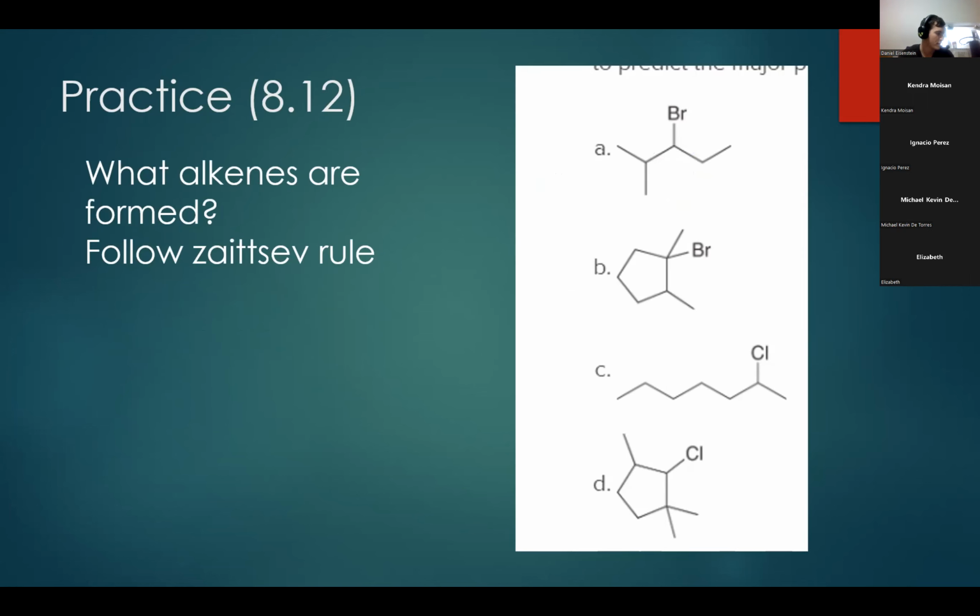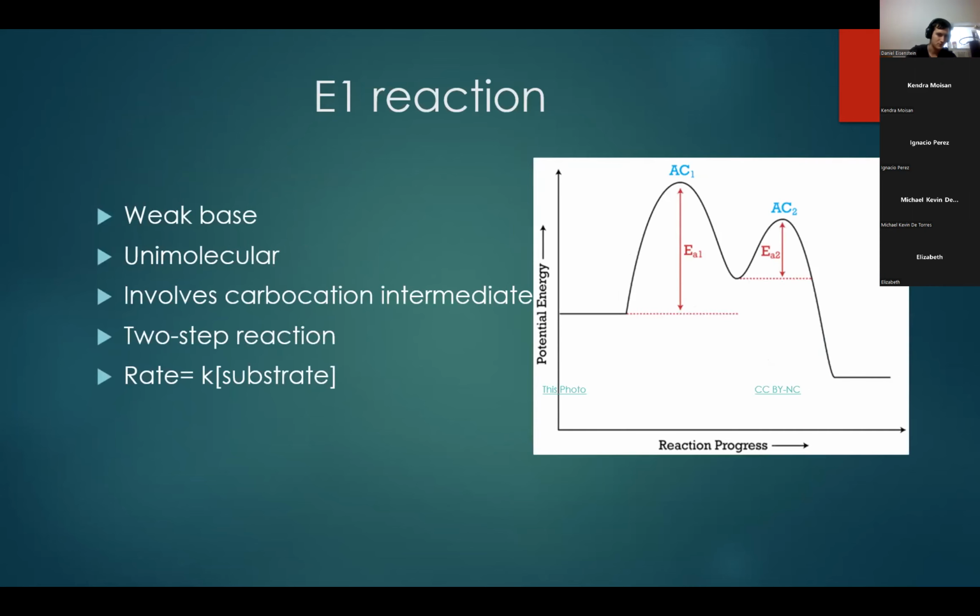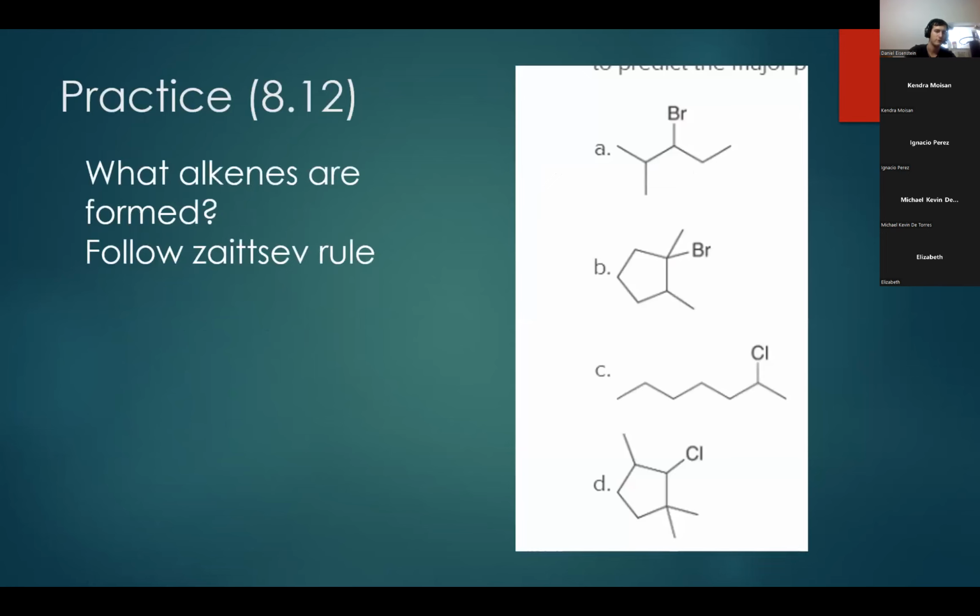I think the E2 is the most complex of the SN1, SN2, E1, and E2 reactions. Actually, hold up. Before we do that, do A. I want you to do the Hofmann.